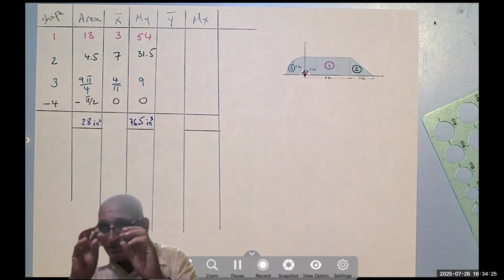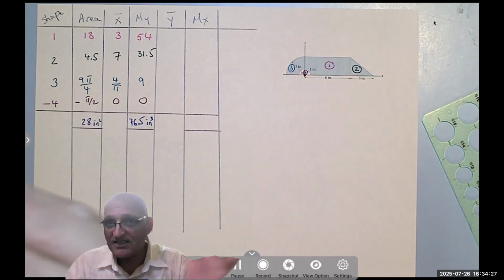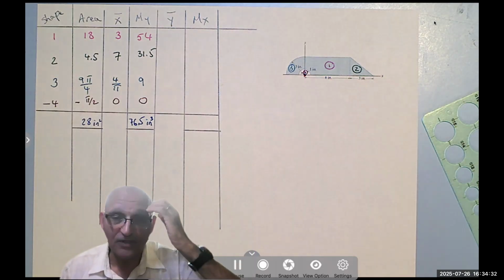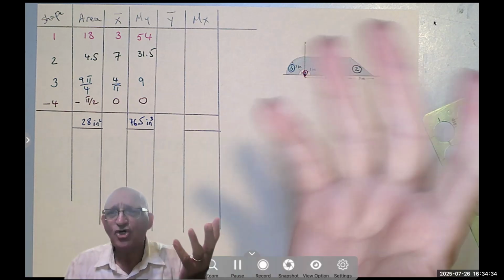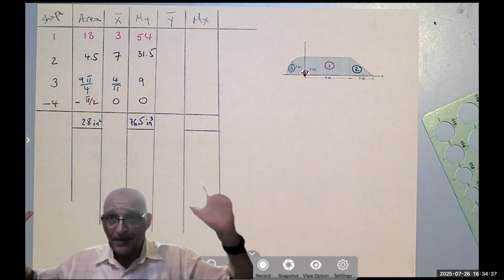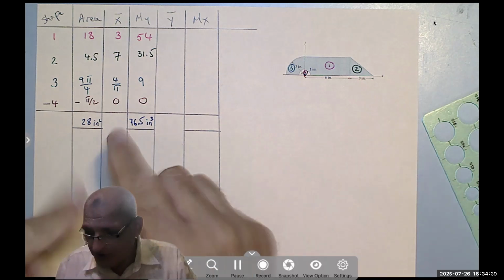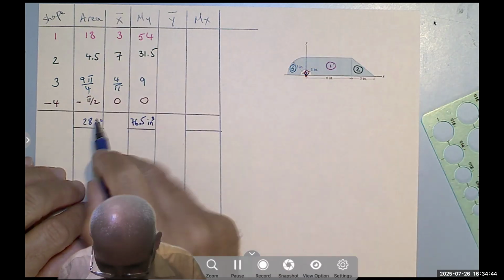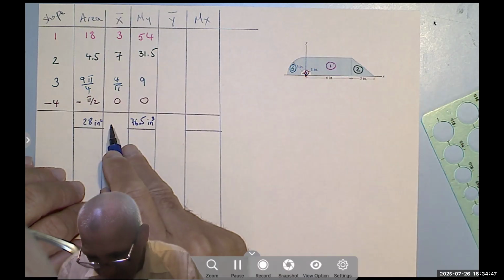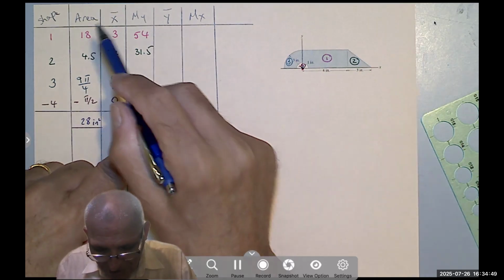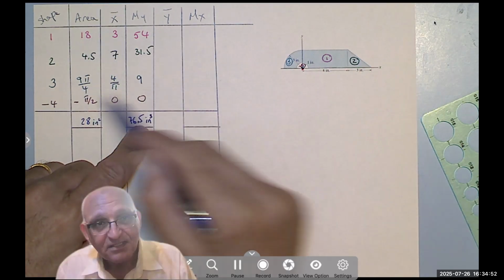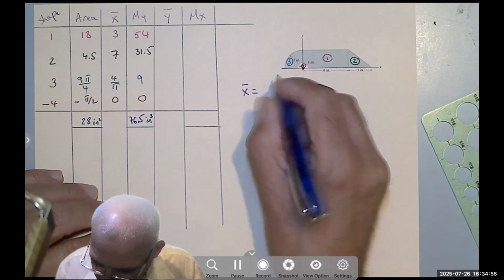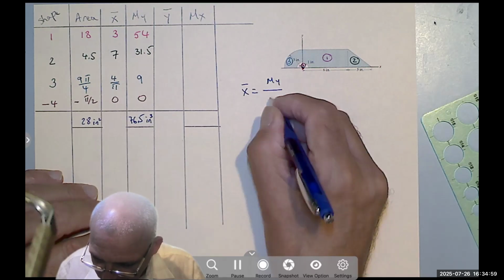I can take the small pieces, see how each one rotates, add them up, or I can take the whole thing and see how it rotates. Because I don't know where the centroid of the big piece is, I say, if it's an x bar for the whole shape, then 28 times the x bar must equal the small areas times their x bars. So in order to find x bar, it's My over the area.